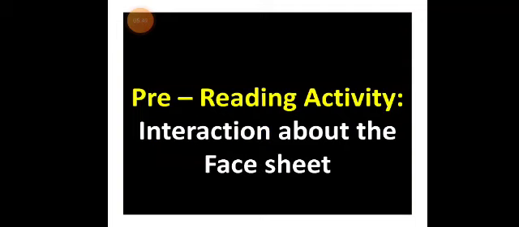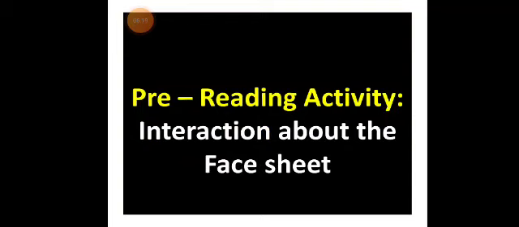Earlier, I mentioned the style sheet. Style sheet is the picture that introduces the theme of the entire unit. And now we are going to see the face sheet. Face sheet can be a picture or a number of pictures that motivates you towards the main reading passage. So it's like a trigger. It takes you into the main reading part.